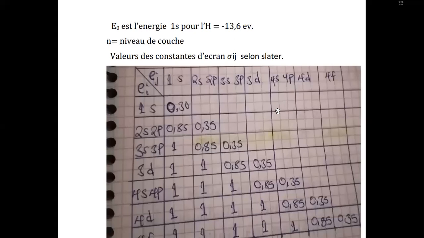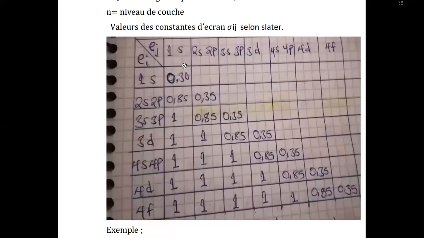So the same thing here: when I have one shell, you only calculate using 0.30. When I have 1s, 2s, 2p, starting from the first shell, 1s will be 0.85 and 2s, 2p will be 0.35. When I have 1s, 2s, 2p, 3s, 3p, 1s will be 1, 2s, 2p will be 0.85, then 3s, 3p will be 0.35.